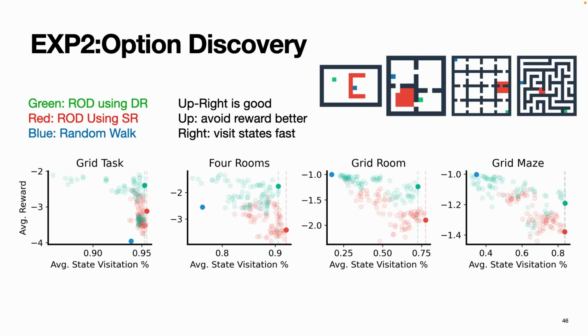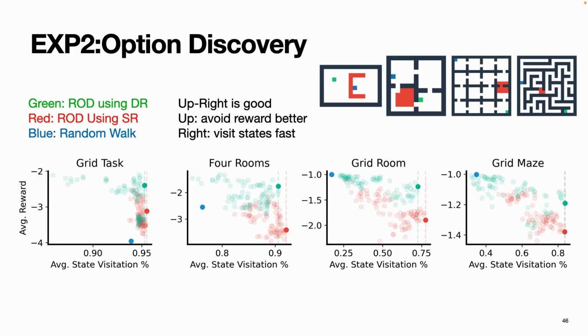And the green shows the performance of the rod cycle using the default representation, while the red shows the performance of the rod cycle using the successor representation. And as we can see here, across different hyperparameter settings, it is a general trend that the rod cycle using the default representation achieves higher reward than the rod cycle using the successor representation.